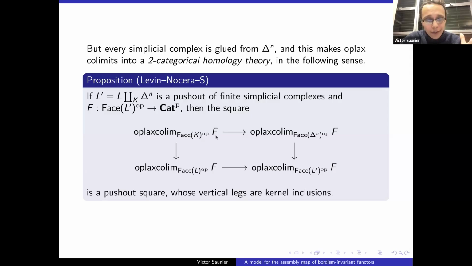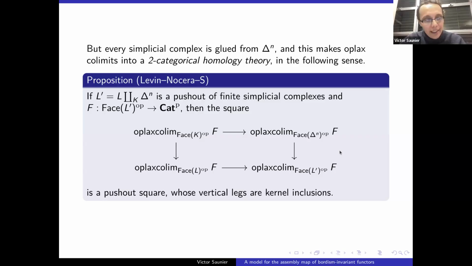So the source is the oplax colimit of the functor restricted to the faces of K. And each guy here is the oplax colimit of F restricted to whatever it has to be restricted from. And this is better than this, because delta n inside L prime is the inclusion of a face, and so is K inside L. The vertical legs in this square are all kernel inclusions.